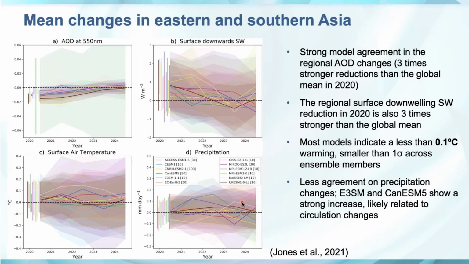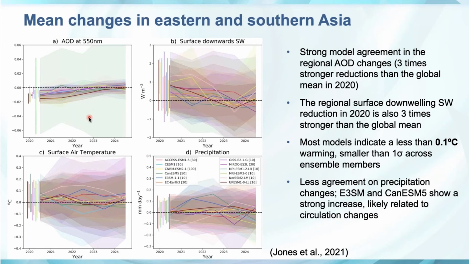This is a similar figure to what I just showed, but for the mean over the Asia box. If you look at the AOD panel here, there is strong model agreement, even stronger than the global mean. Over Asia, the regional AOD decreased immediately, then recovered by 2023.